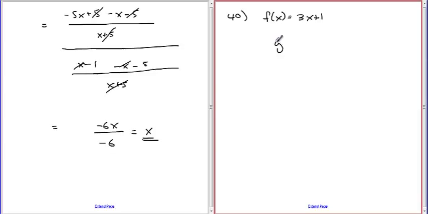Well, the first thing you do is you replace f of x with y, and then you solve for x. So if you subtract 1 from both sides like that, divide both sides by 3, you get that.